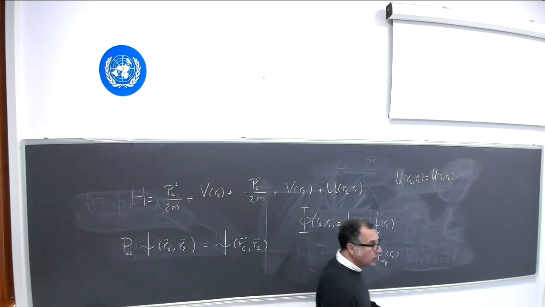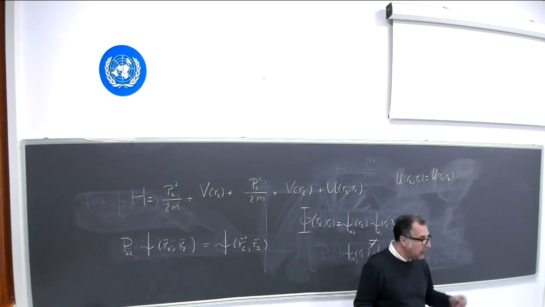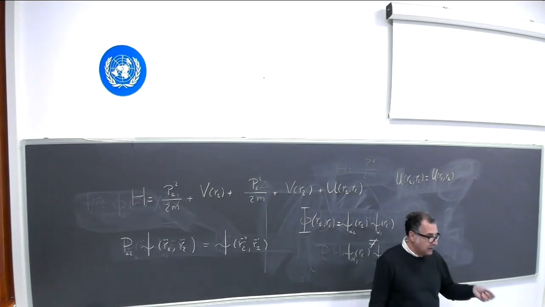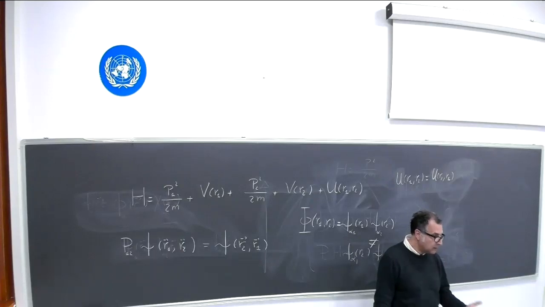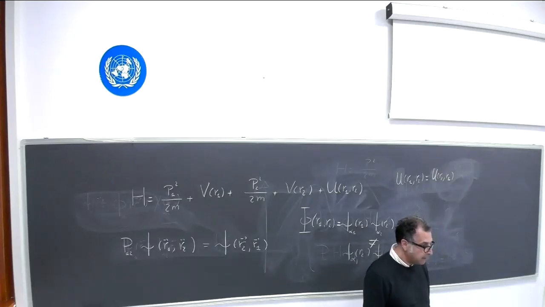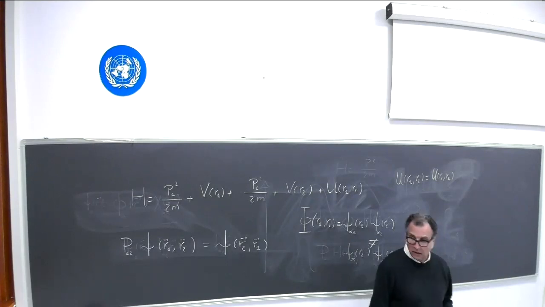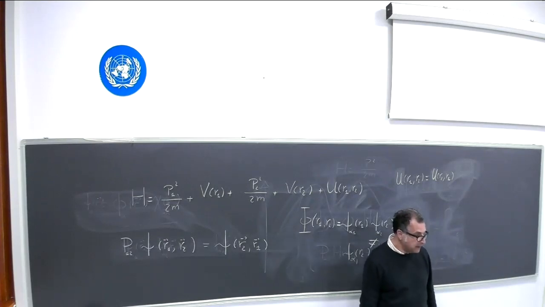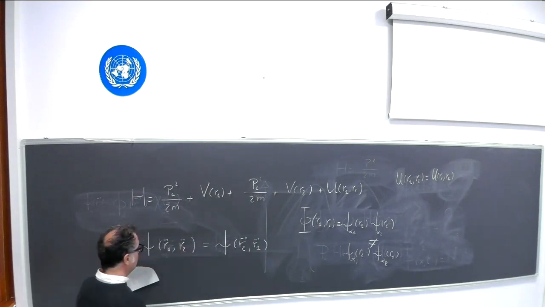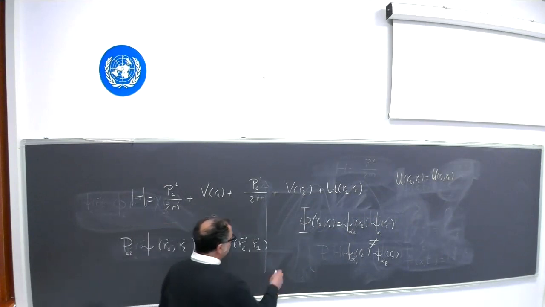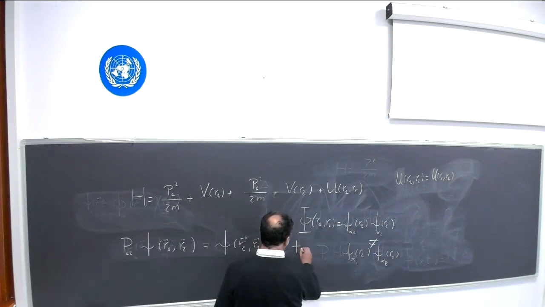For instance, if you have a square well with quantum number n, and you put one particle in the ground state and the other in the first excited state, this would not be a good solution because it does not satisfy the requirement that it should be an eigenstate of P. Going back to what we said before, the eigenvalues are plus 1 and minus 1.